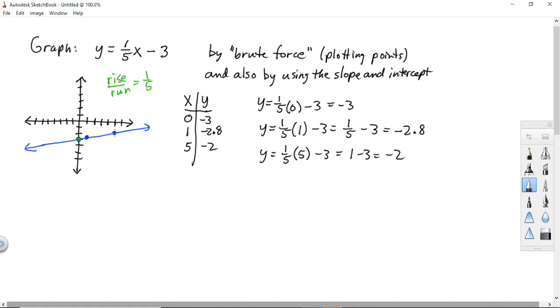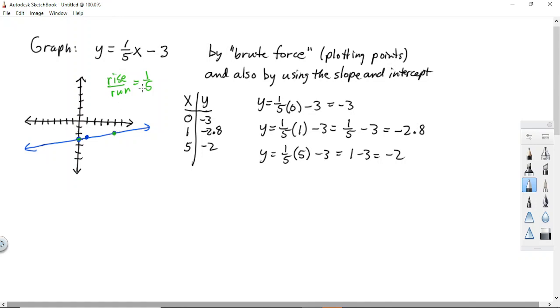And it actually turns out to be a point that we already used. It didn't have to turn out that way. It just did. So the point we got from using the intercept and the point we got by going from that intercept to one more point using the slope ended up being the point we'd used before.